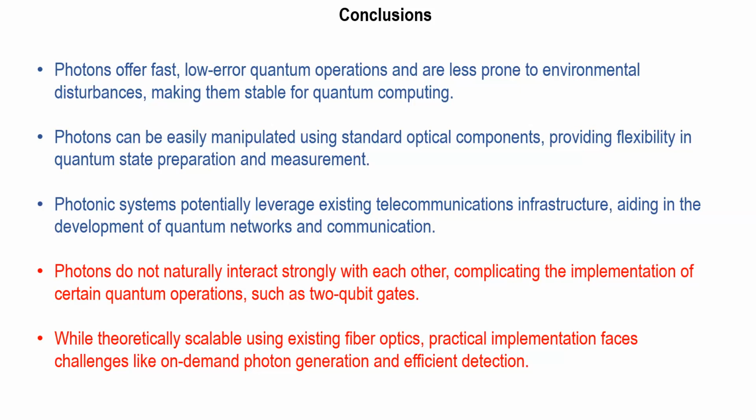so-called polaritonic systems. A polaritonic system consists of a photon and a solid state excitation, for example a molecule and a photon, or a quantum dot and a photon.